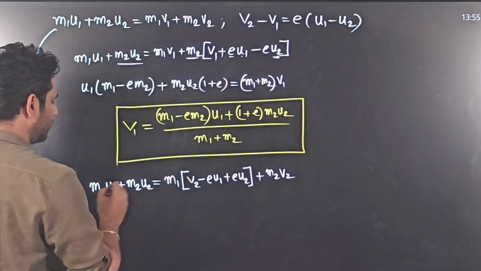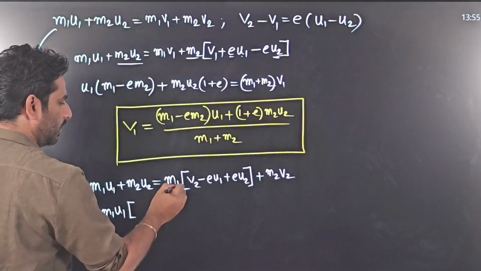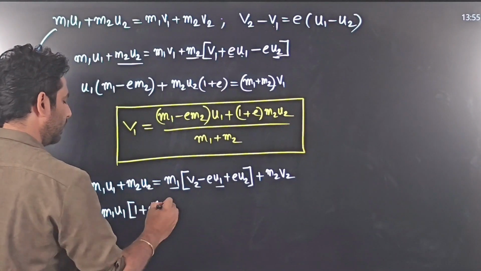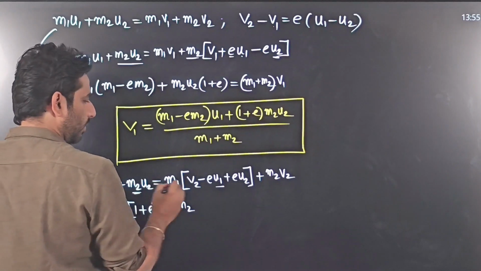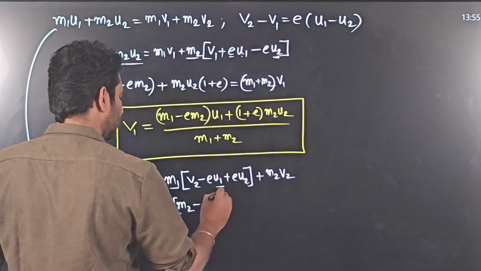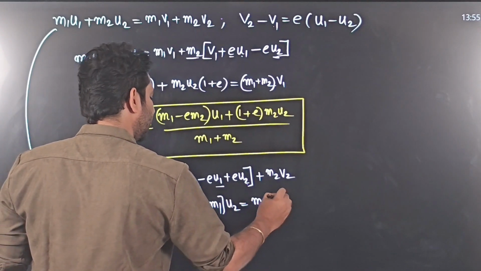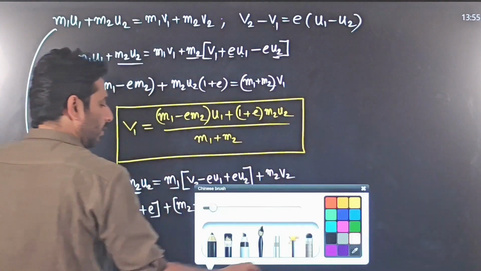Solving this, I have m1 u1 common, so into 1 plus E on this side, plus m2, I can take u2 common, so m2 minus E m1 into u2, that is equal to m1 plus m2 into v2 on the RHS.